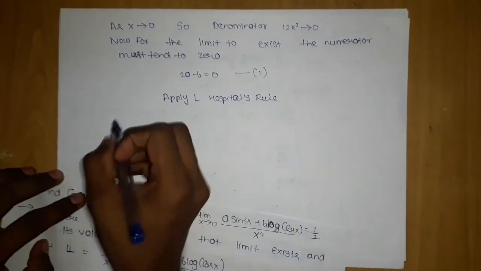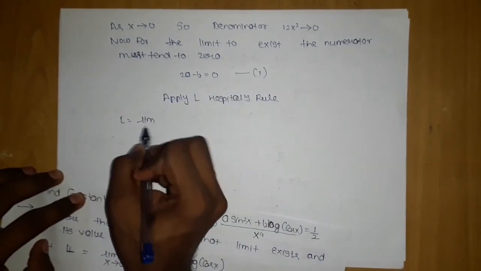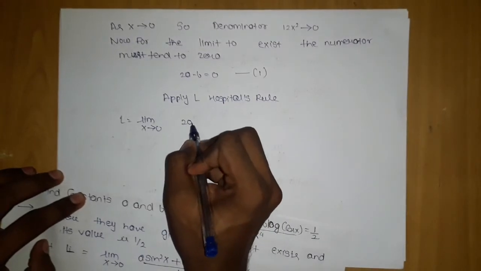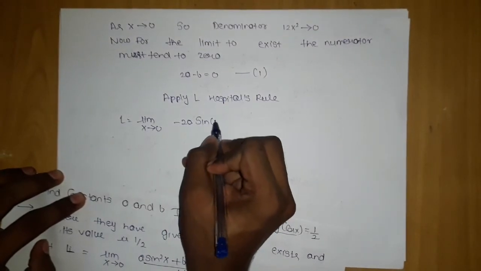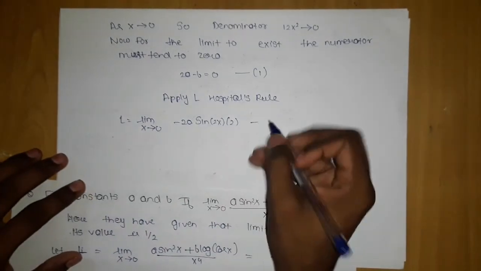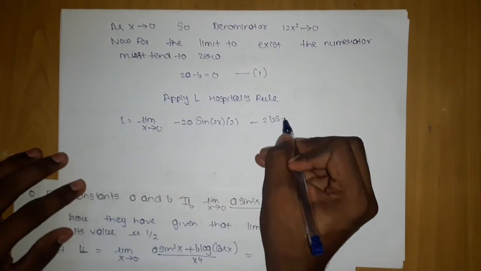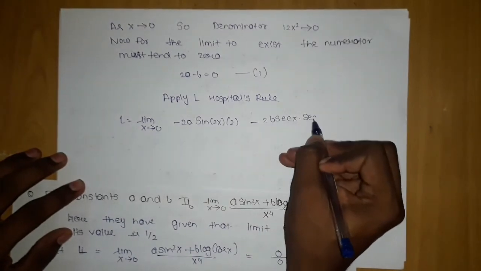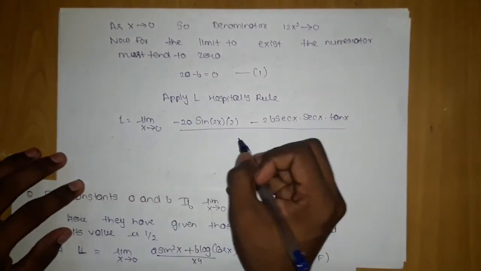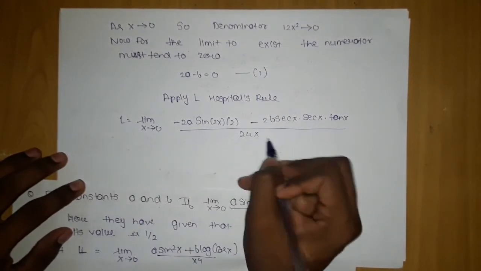Which will give you minus sin 2x into 2, minus 2b sec x dot tan x, the whole by 24x.